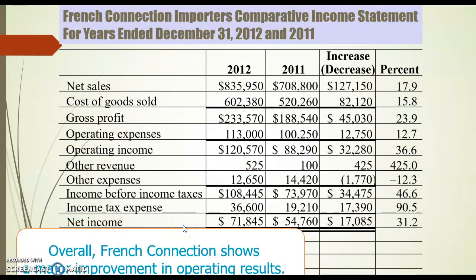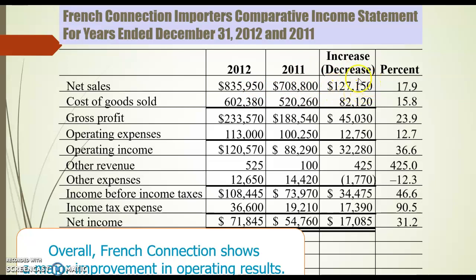Okay, so here's a fictitious company that we can take a look at. This is French Connection Importers, and this is their comparative income statement. It's for 2 years, 2012 and 2011. The most current year is usually listed in the first column. So we took the new number, 2012, minus the old number, 2011, and got the change in total dollars.